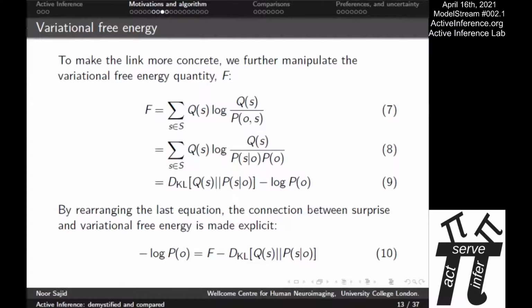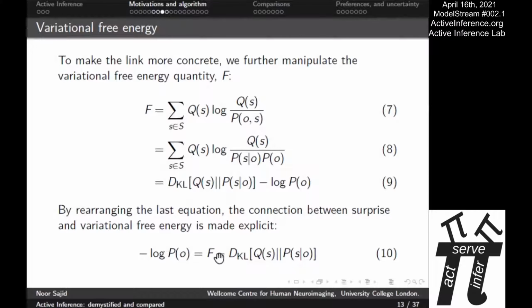So to make this a little bit more concrete, what we can do now is to further manipulate the variational free energy into the KL between the approximate and the true posterior minus the log evidence, the model evidence that we had, and we can rearrange the last equation to really hone in on the connection between surprise and the variational free energy.